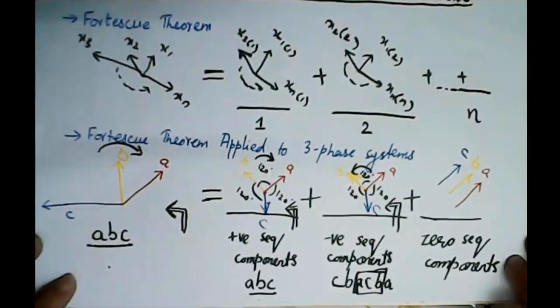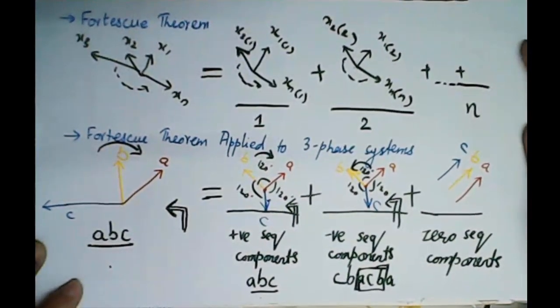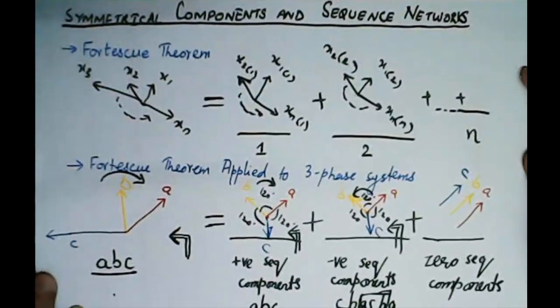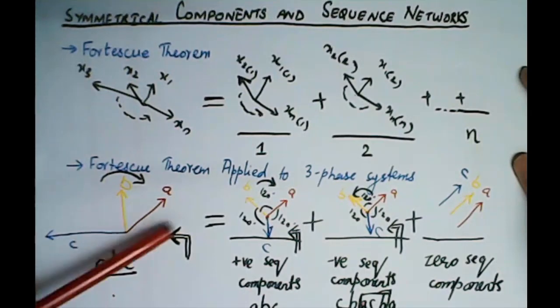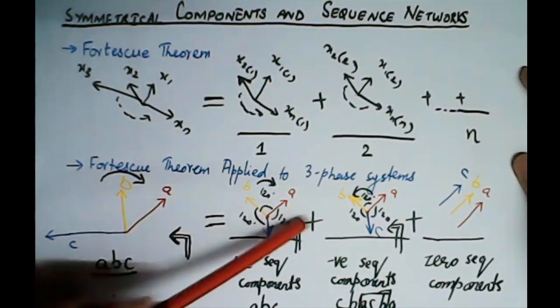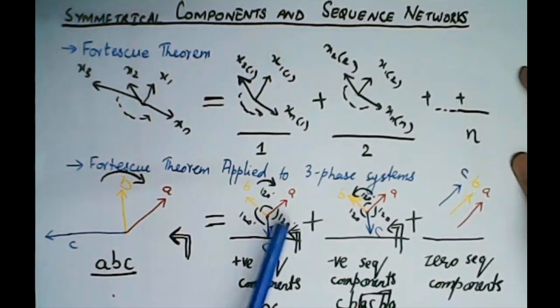So just to summarize, for unbalanced fault analysis, we are dividing our system of three unbalanced phases into a sum of balanced phases.